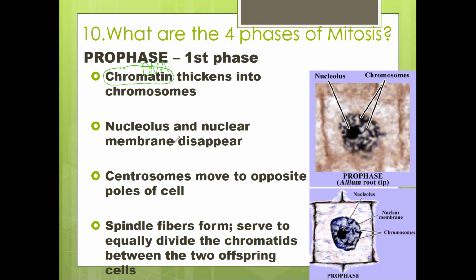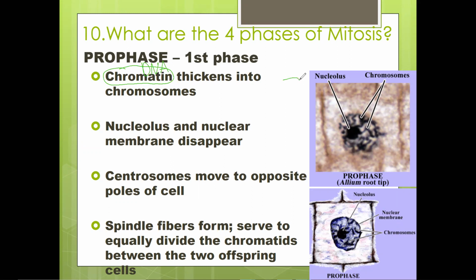Your nucleus is going to disappear in this phase. Something called a centrosome, which is a part of a cell, is going to move to the opposite poles of the cell. And then spindle fibers are going to form, and they are going to eventually attach themselves to the chromosomes to pull the extra chromosomes apart.